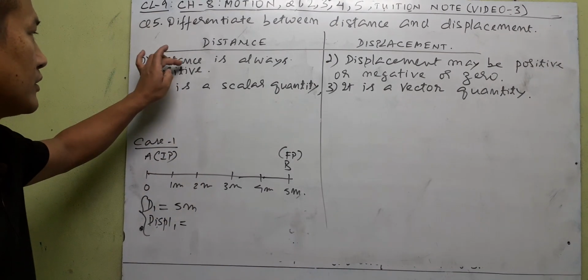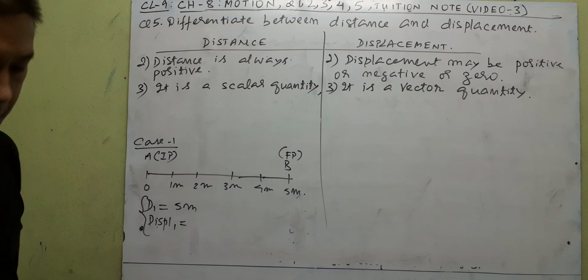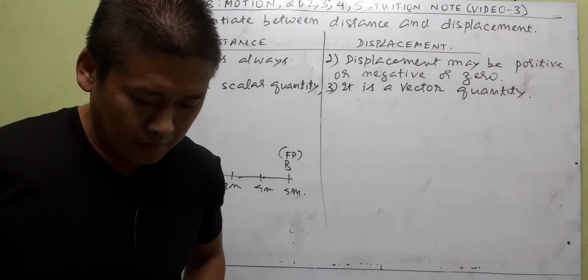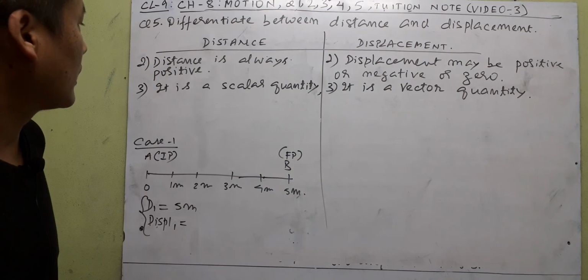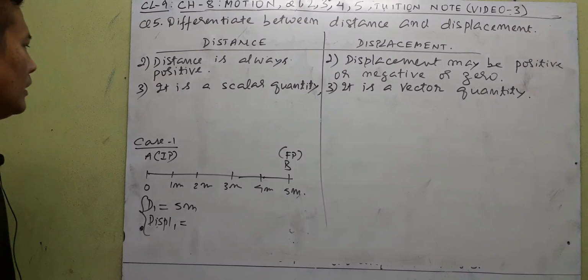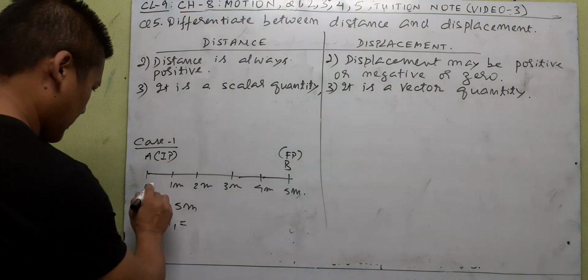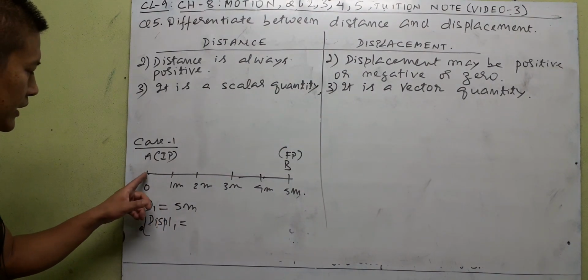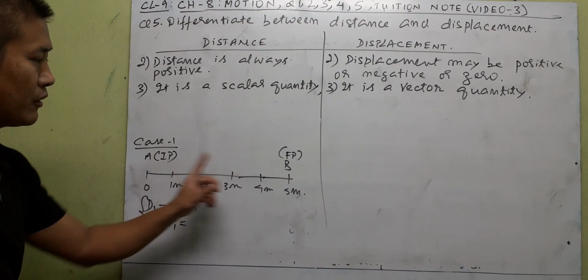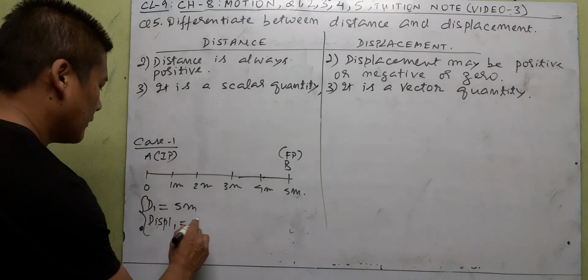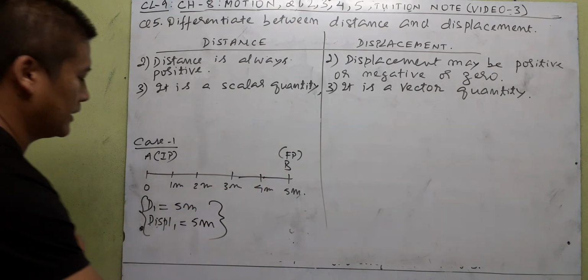This will make you understand these 2 points very clearly. Okay, distance is a scalar quantity. Now here displacement is the shortest distance between the initial and final point. So this is the same, now AB, which is again 5 meter. So this is the first case.